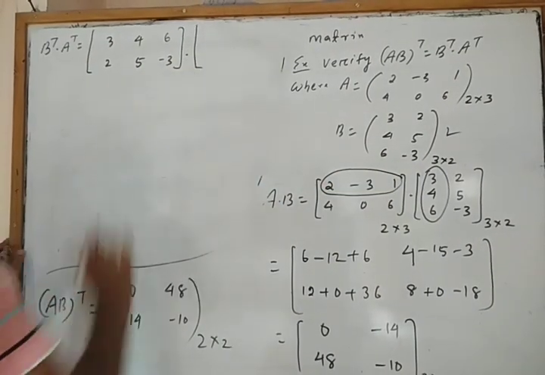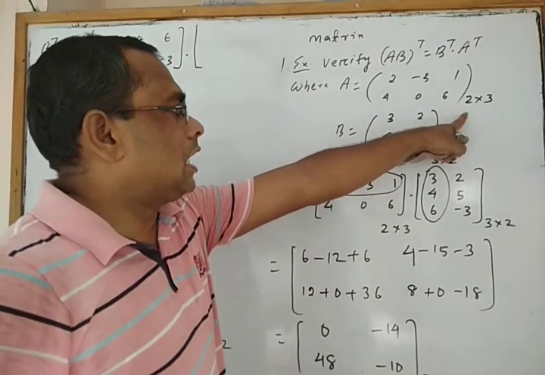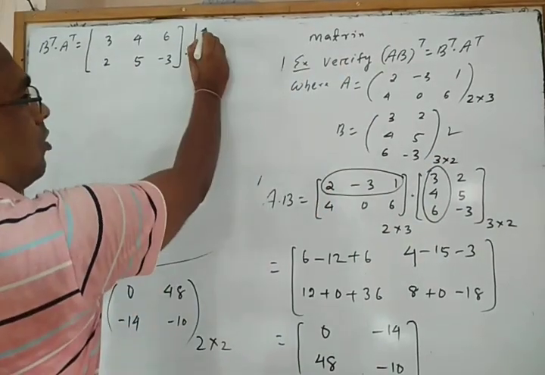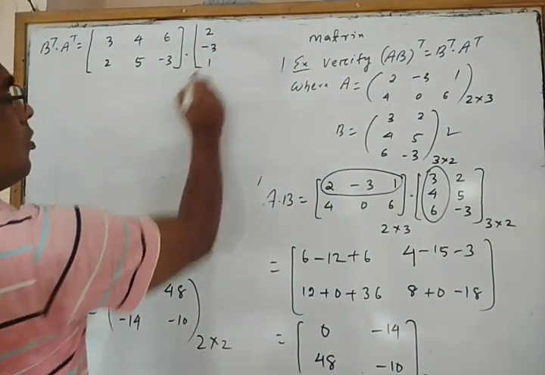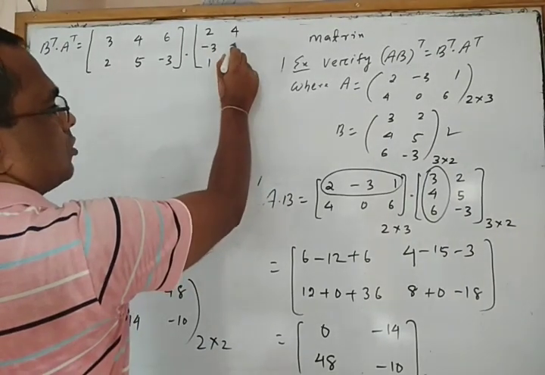That's B transpose. Then A transpose: the order of A is 2 cross 3 and the transpose of A will be 3 cross 2. So the first row becomes the first column: 2, minus 3, 1; then the second row becomes the second column: 4, 0, 6.